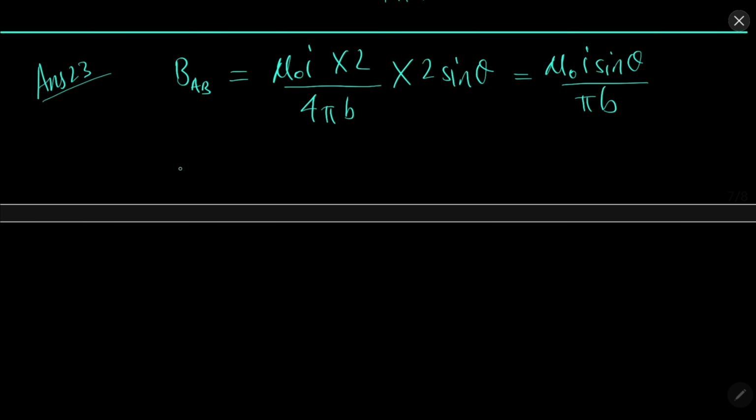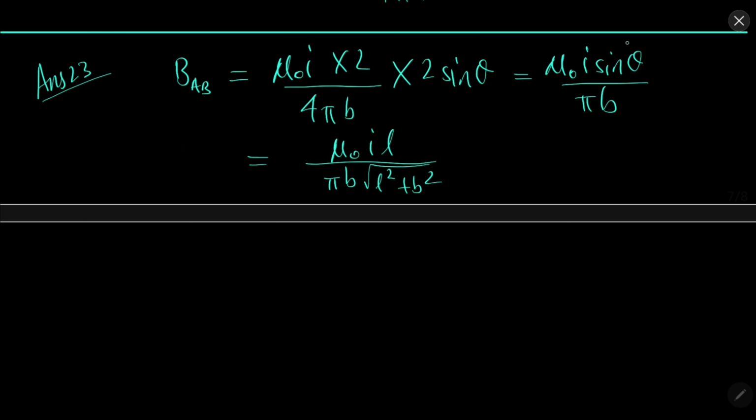Then for DC, mu naught I L over pi b root L square plus b square.